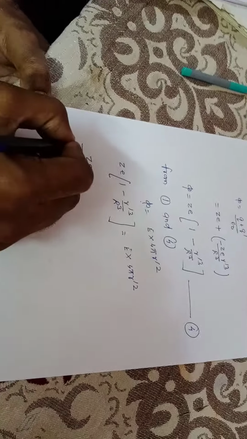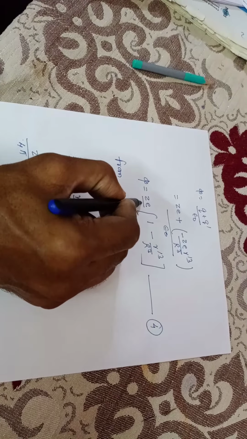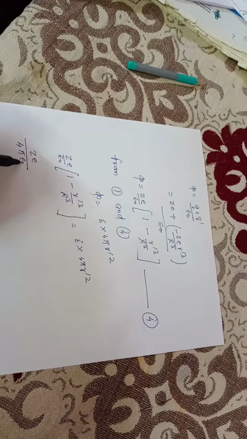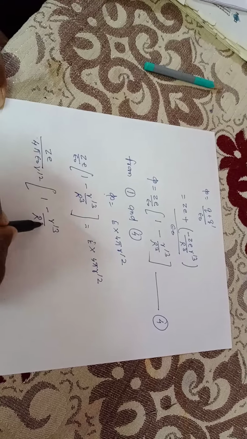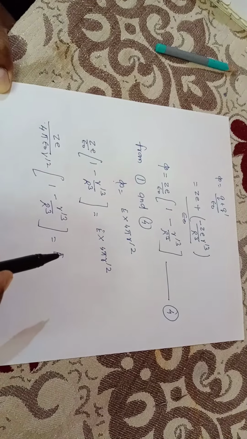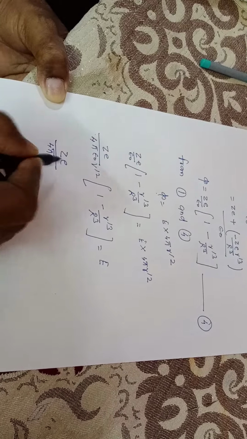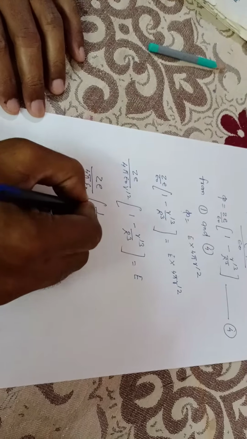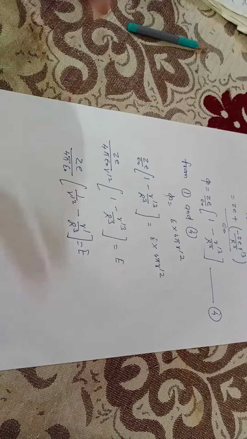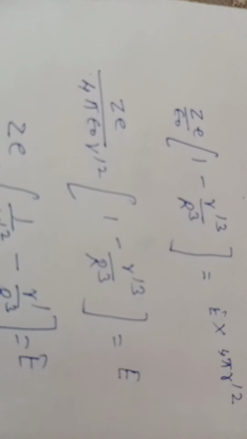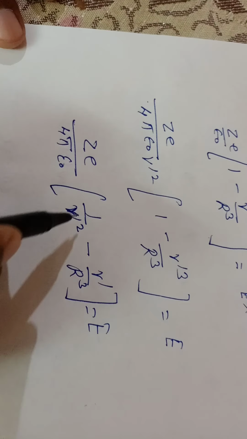So Ze upon 4 pi epsilon 0 r dash square, into (1 minus r dash cube by r cube), is equal to E. So Ze upon 4 pi epsilon 0 into (1 by r dash square minus r dash by r cube) is equal to E. So this is the electric field at r dash.